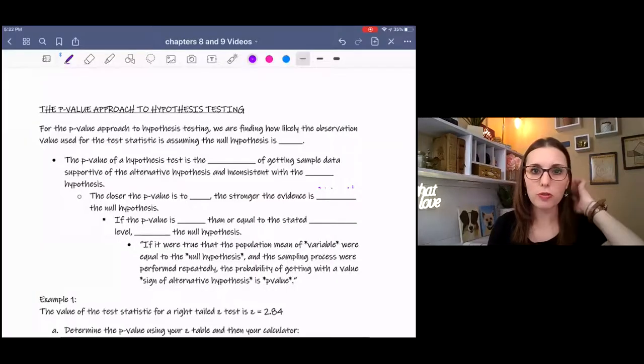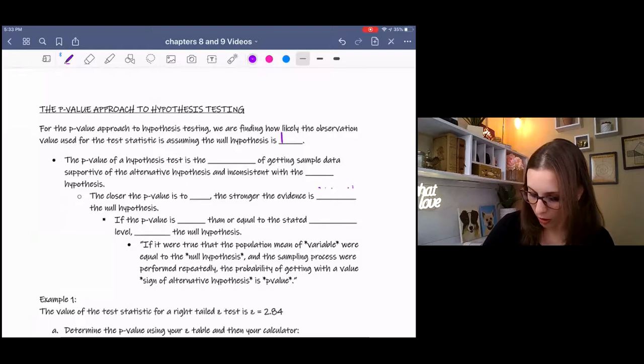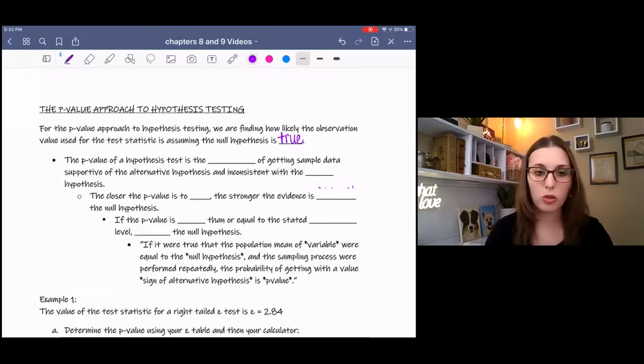The p-value approach focuses on areas under the normal curve rather than z-scores. So we use a z-score to find the area, but then we use the area and the significance level to make a decision. For a p-value approach, we're finding how likely the observed value used for the test statistic is, assuming that the null hypothesis is true.